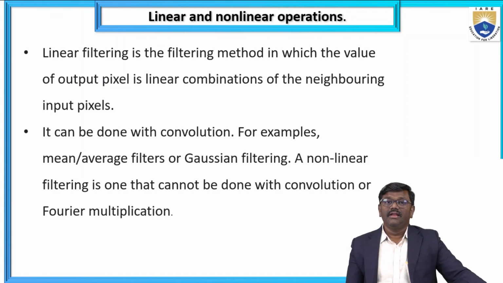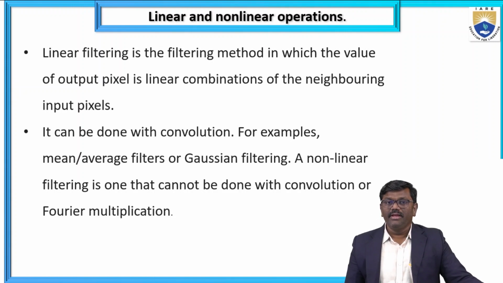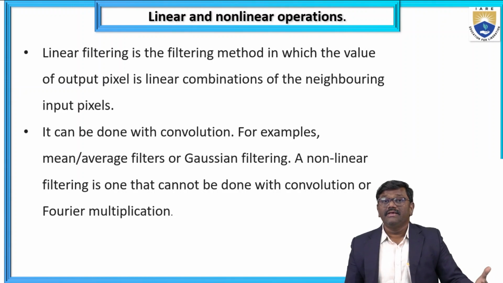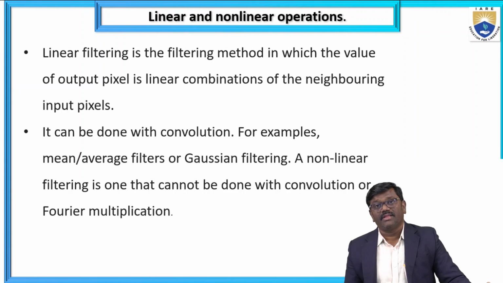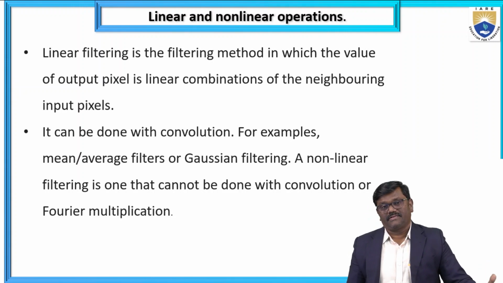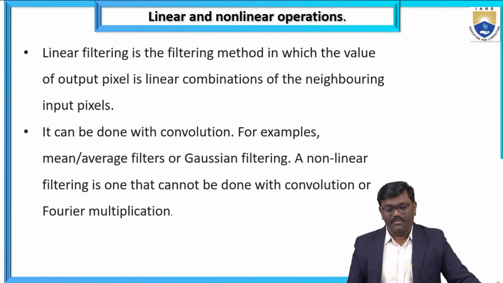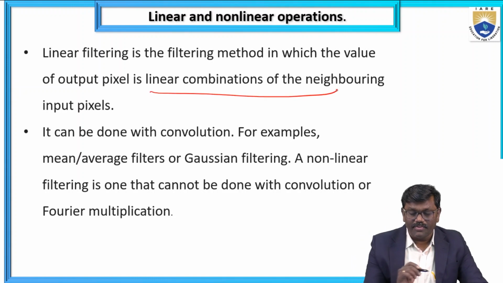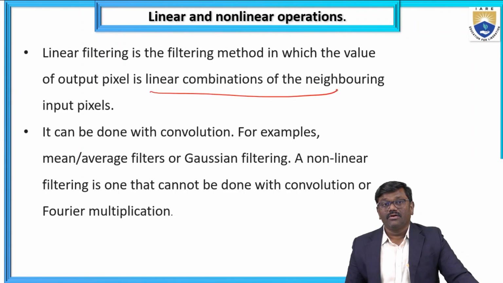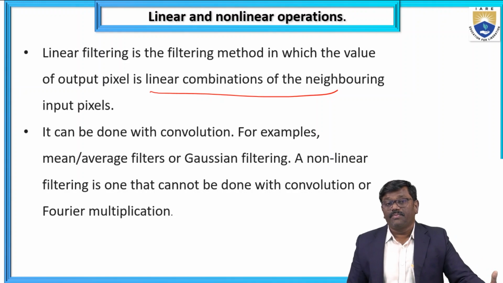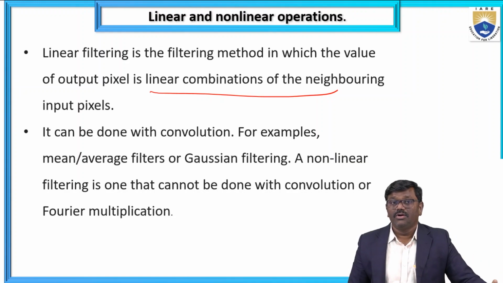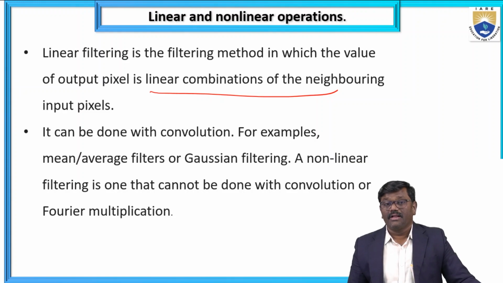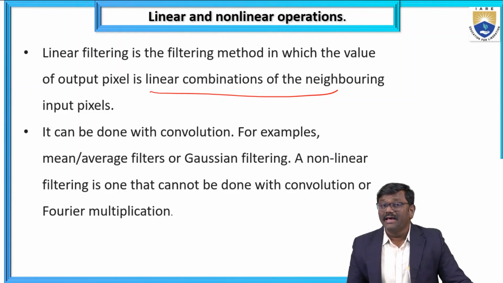By using linear filters. Linear filtering is the filtering method in which the value of an output pixel is a linear combination of the neighboring input pixels.